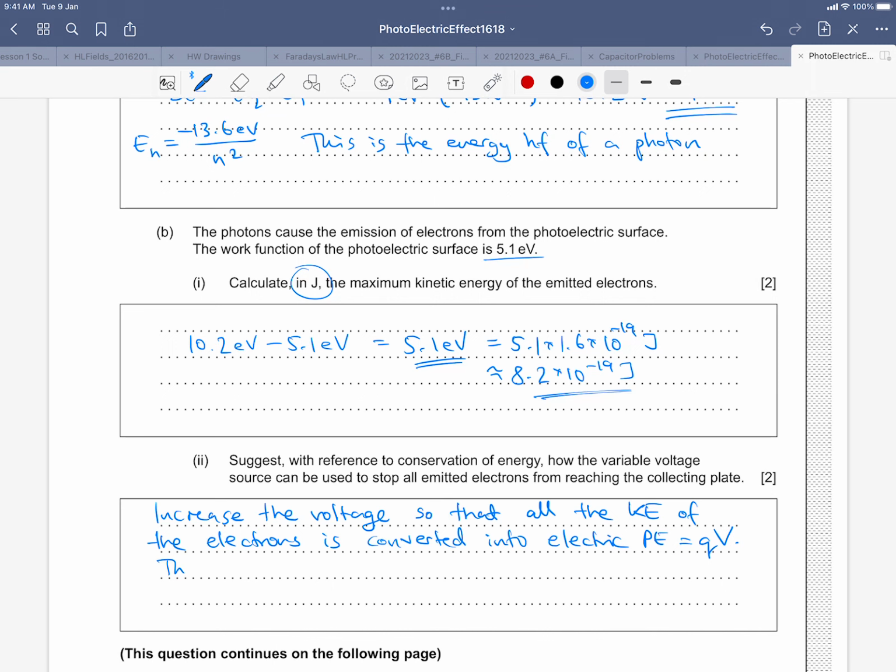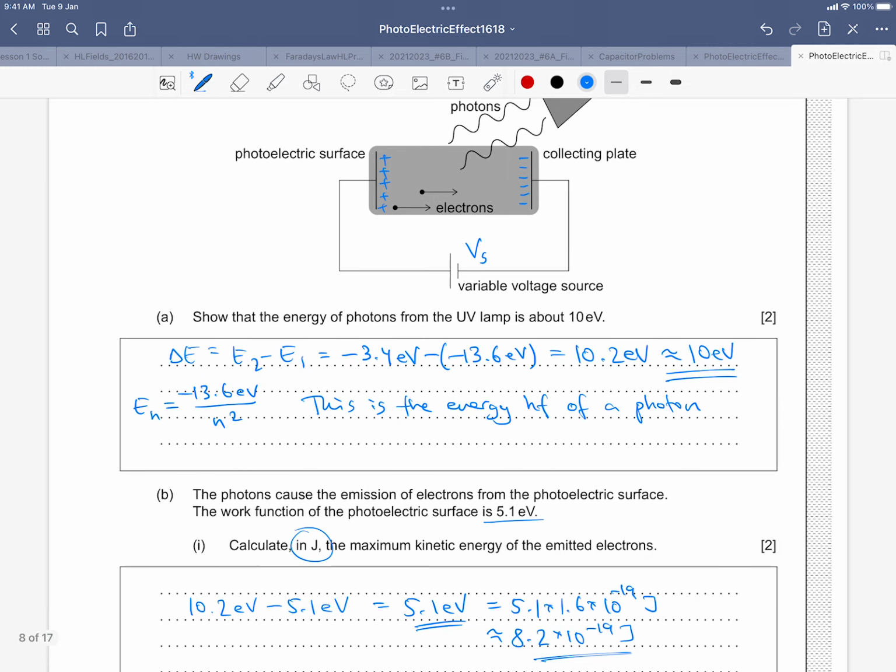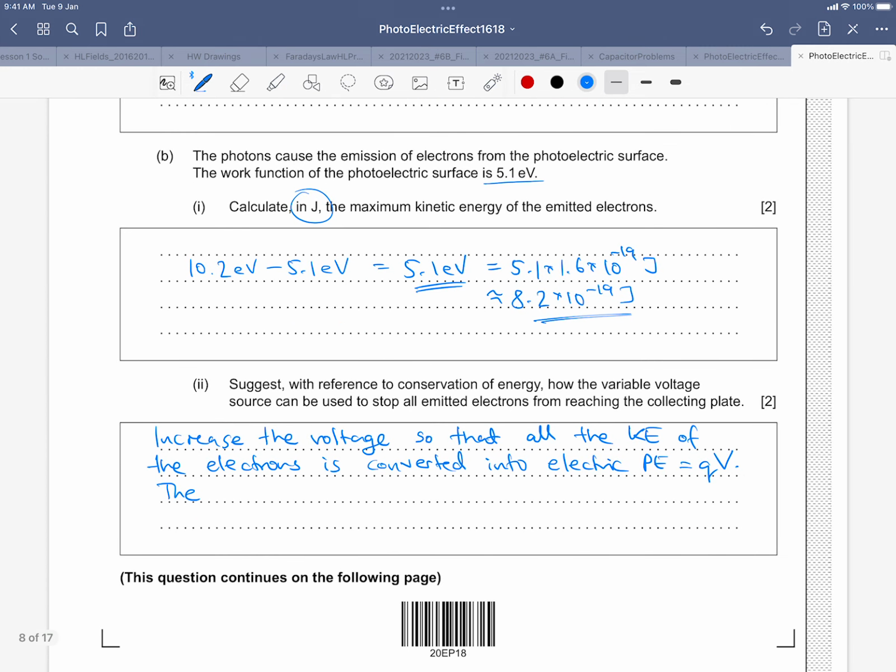And in order to do that, the collecting plate has to be negative to make that possible. So maybe we'll just mention that too. The collecting plate should be negative.